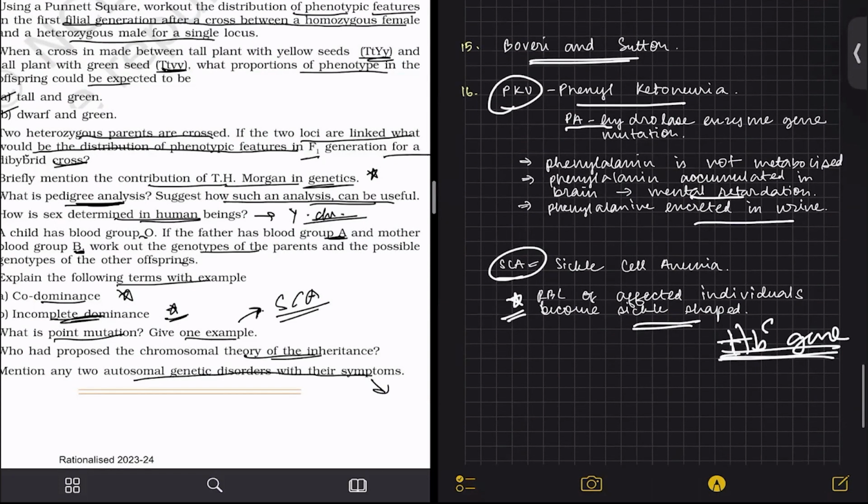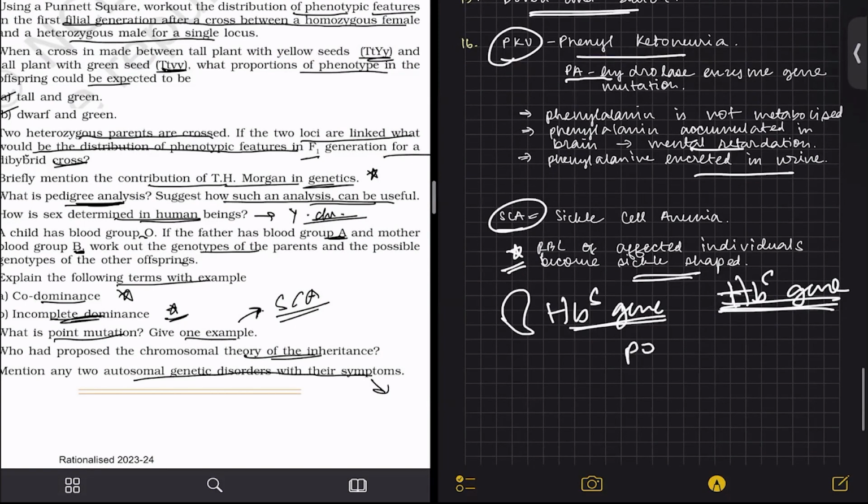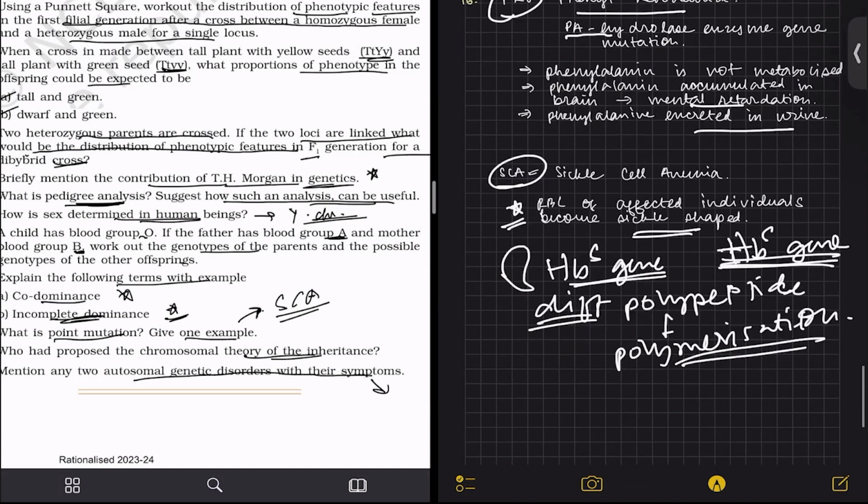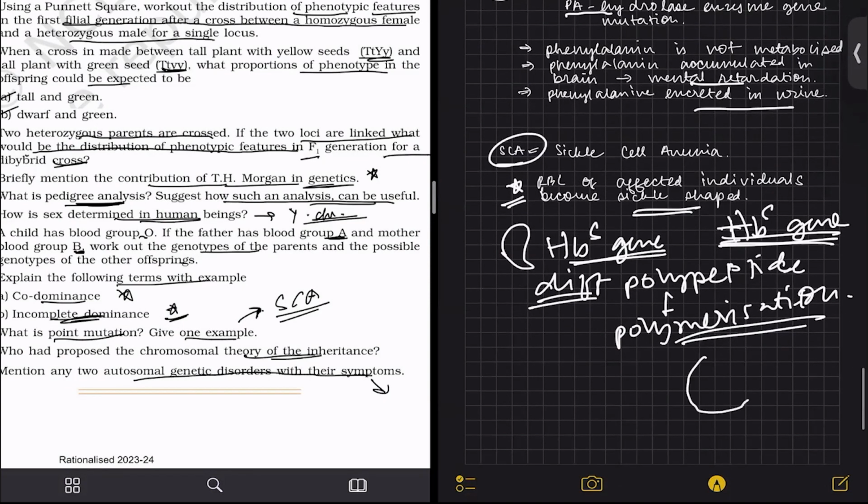The reason is that the individuals containing the HbS gene are producing a different polypeptide which undergoes polymerization when there is a hypoxic condition, and that's why the RBCs convert into sickle shaped, and these sickle shaped RBCs can cause several complications by accumulating in blood vessels.